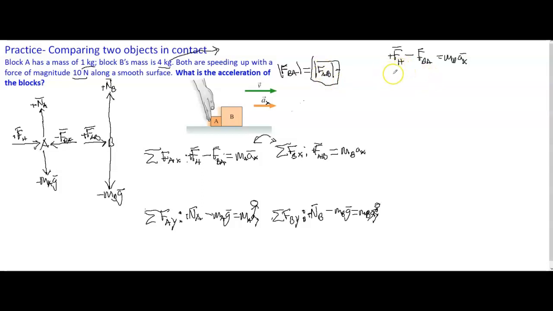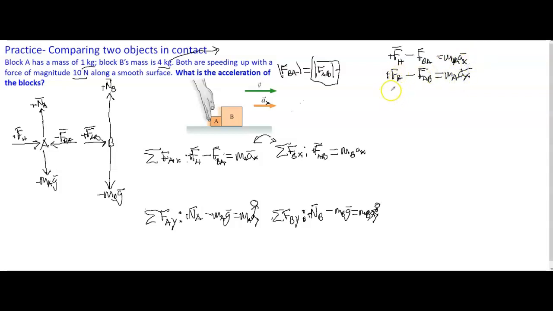So I'm going to rewrite that right here. So the hand force minus force AB equals mass of A times the acceleration. That should be A in the x direction.